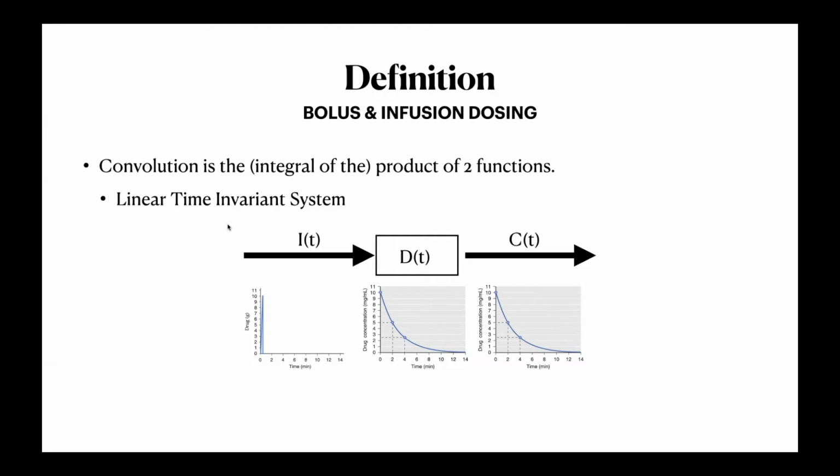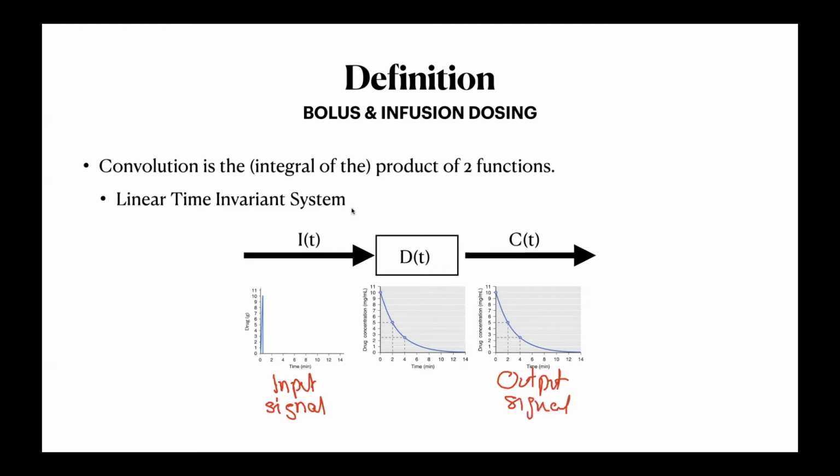What do I mean by that? And it's in a linear time invariant system. So I've got a couple of diagrams here below, and we will say that the input with respect to time is called the input signal, and concentration with respect to time is called the output signal.